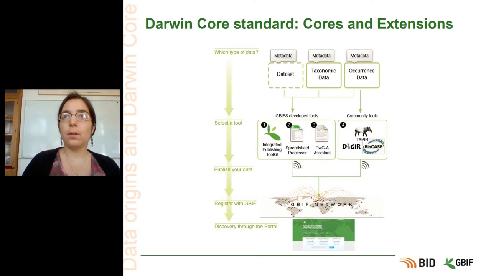First of all, on this slide, you can see the Darwin Core standard and how the publishing process works in GBIF. At the top of this slide, you can see the type of data you want to publish. You can have metadata only datasets.